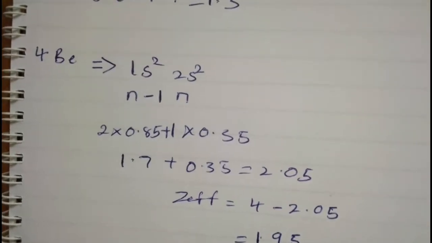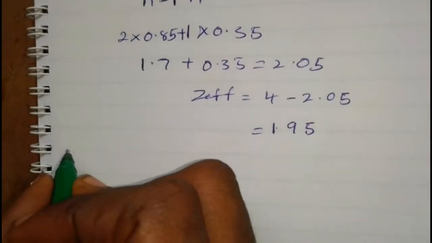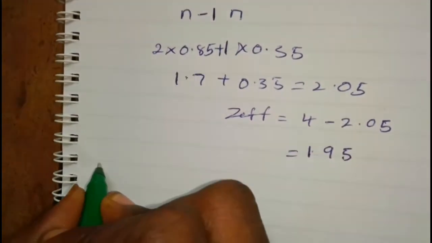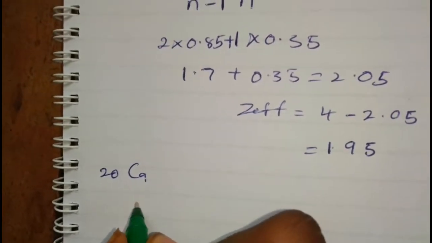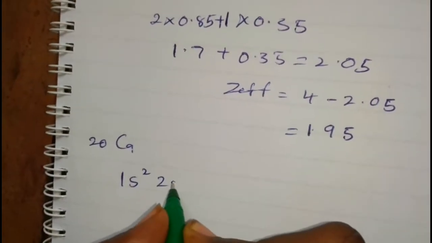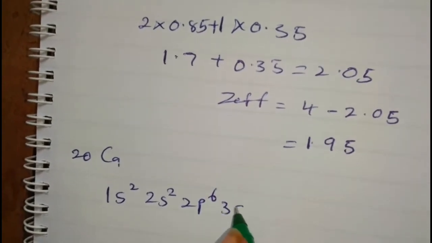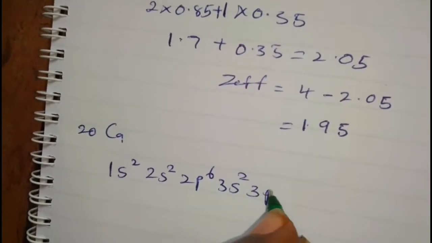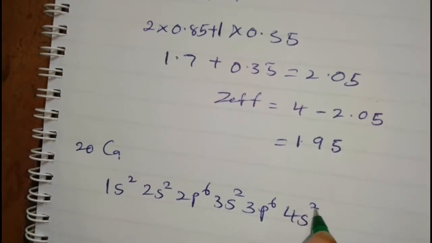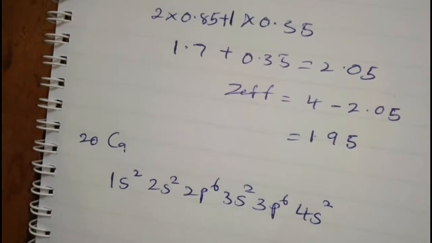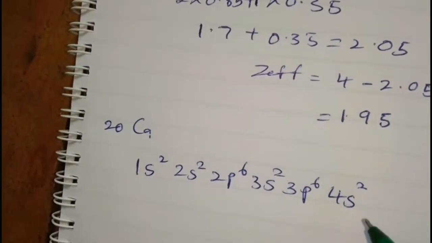So let's move to the next element here. Let's go to calcium. Calcium is 1s2 2s2 2p6 3s2 3p6 4s2. So calcium ends at 4s2, so this is going to be our n.